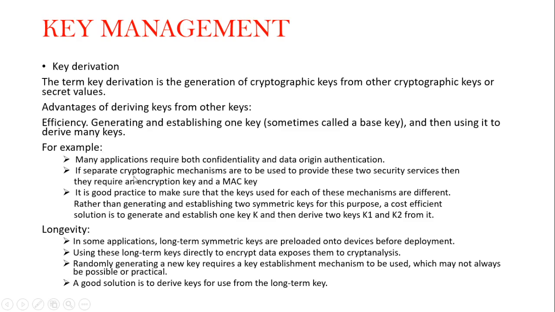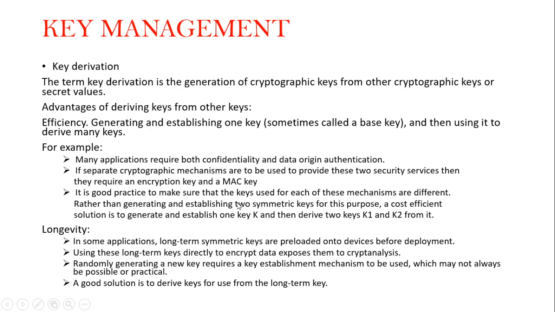For example, many applications require both confidentiality and data origin authentication. If separate cryptographic mechanisms are to be used to provide these two security services, then they require an encryption key and a MAC key. It means very simple: we'll use one base key, the encryption key, and from it we'll derive the MAC key.